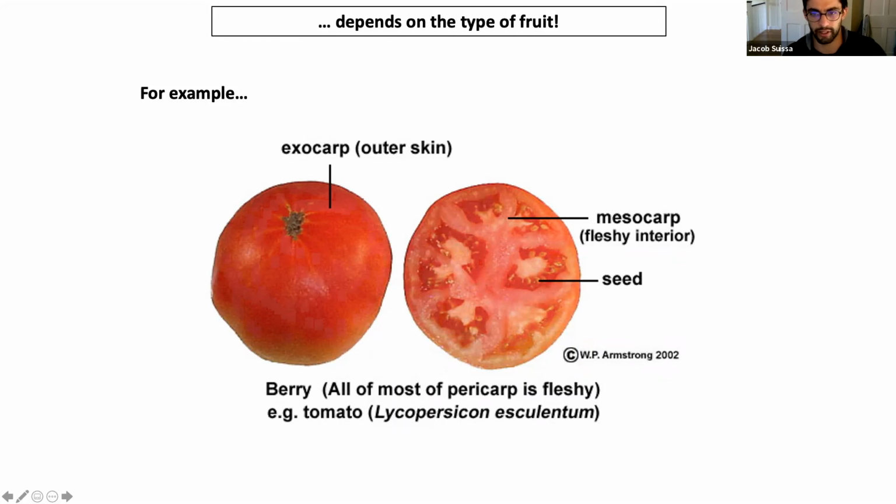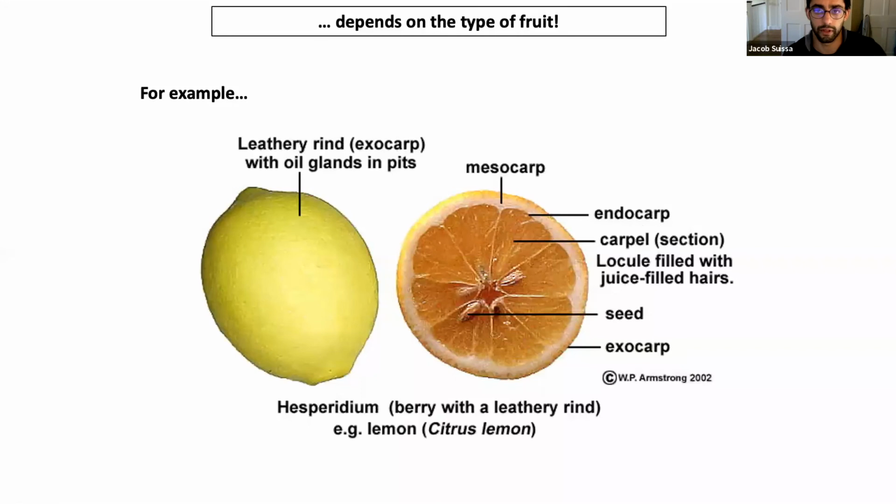So it's not really a good example to look at the endocarp of. But this is just an example to show you a fleshy mesocarp, and that sometimes it's really difficult to distinguish between the different layers of the carpel, the exocarp, the mesocarp, and the endocarp.